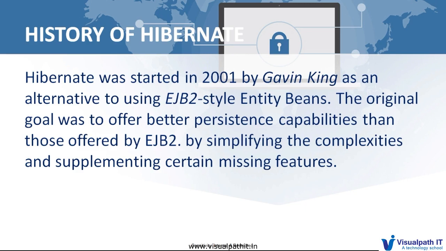When we write JDBC code to implement a data operation, we need to write 7, 8, or 10 lines, or 25 or 50 lines of code.